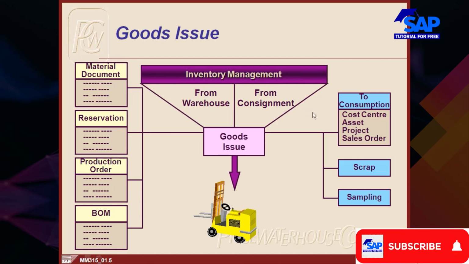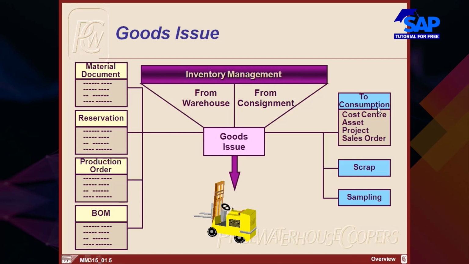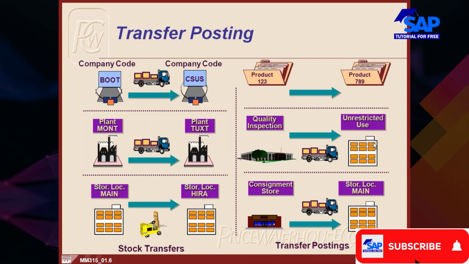If you are doing goods issue to a cost center, that is to an account assignment object, or if you are issuing goods to scrap, or if you are issuing goods as sample to the QM inspection, these are examples of unplanned goods issues. We will discuss each of those things.